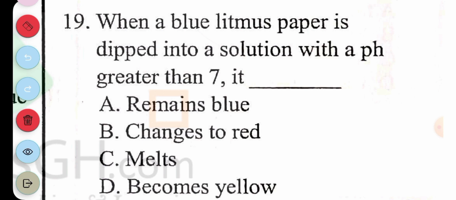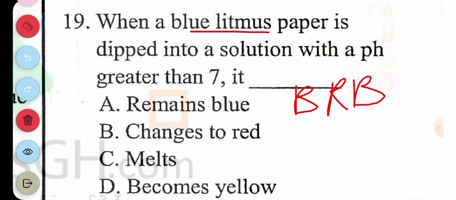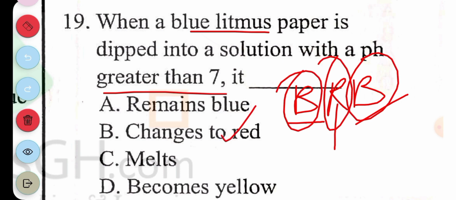For blue litmus paper it goes like this: B, R, B. Blue litmus paper becomes red when it's put in a base. The question says a pH greater than 7, and a solution greater than 7 is actually a base. So this blue litmus paper will become red. A blue litmus paper changes to red when put in a base.